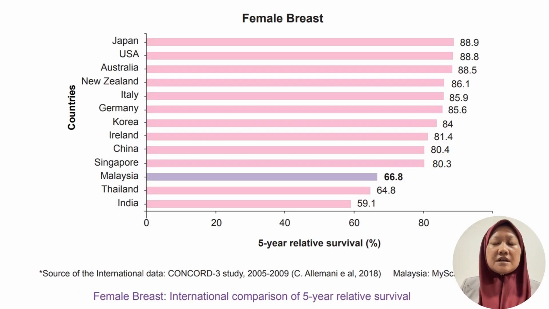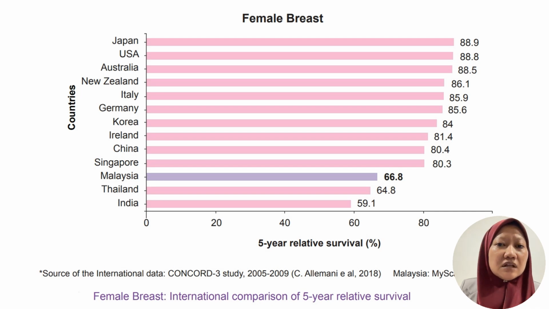The stage at diagnosis is very crucial in determining breast cancer prognosis. As we know, the earlier the stage, the better the prognosis of the patient. Why? Because they are more treatable and have a lower chance of metastasis.